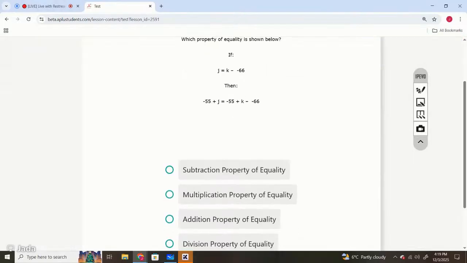Which property of equality is shown? Then negative 55 plus j is equal to negative 55 plus k minus 66.